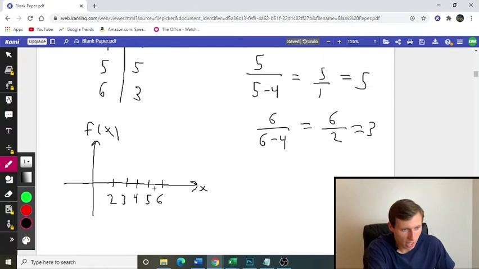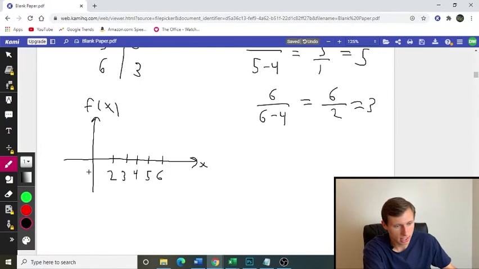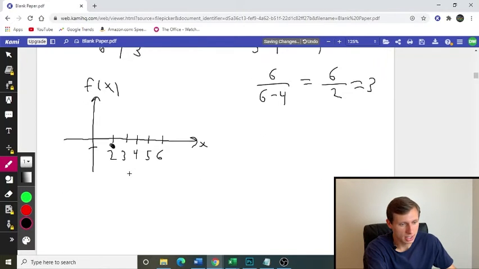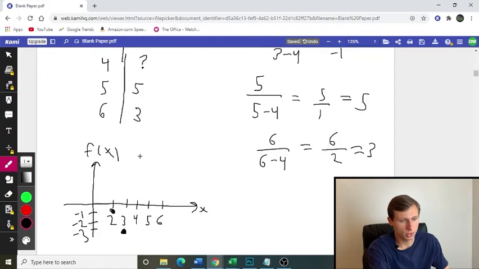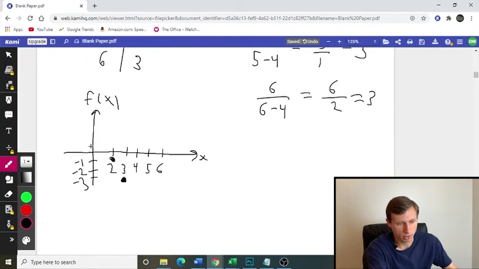And then we have the y values, 2, negative 1, that's that point right there. 3, negative 3, so negative 1, negative 2, negative 3. We get 3, negative 3, like this. 4, we don't know what's going on yet. 5 has the point 5, so 1, 2, 3, 4, 5. 5 comma 5 is right about there. And then we get 6 comma 3, which is right about there.